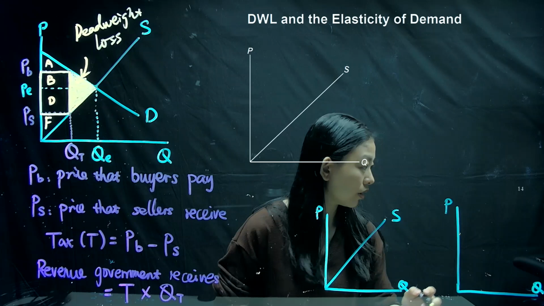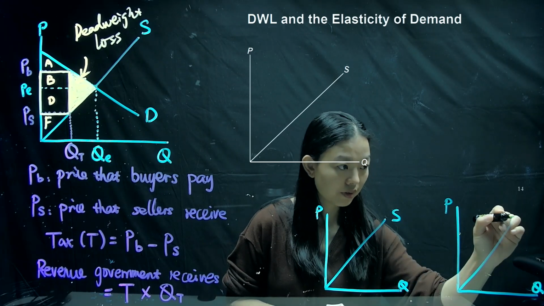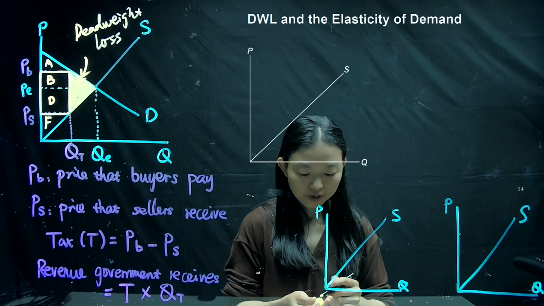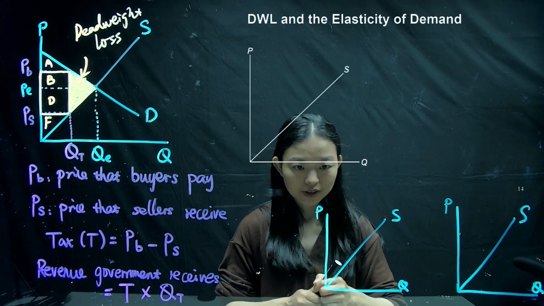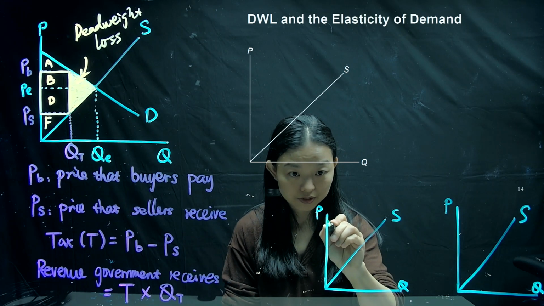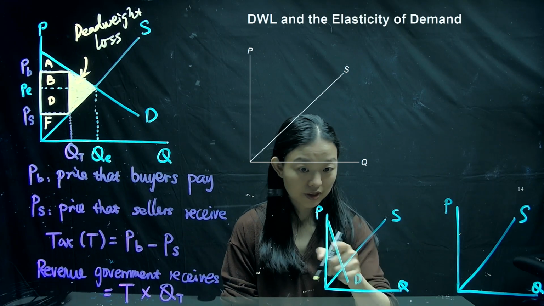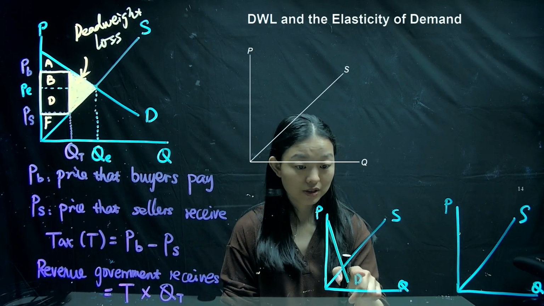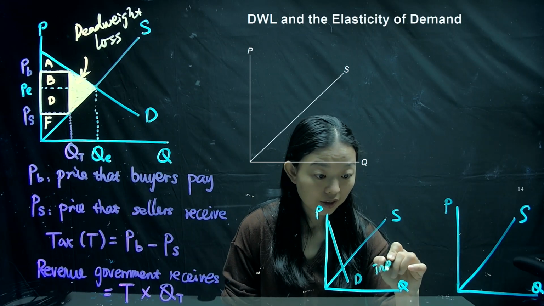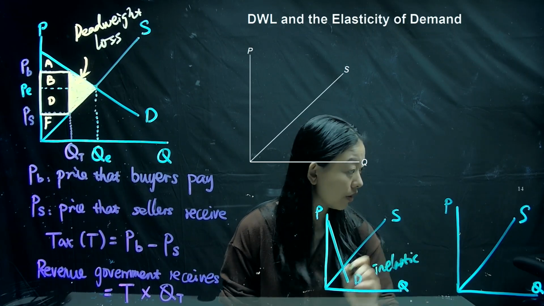This is the quantity, okay? And then we have the supply curve. So in the first one, we have the demand curve like this. It's a steep slope, okay? So we can notice this one is actually inelastic, okay?